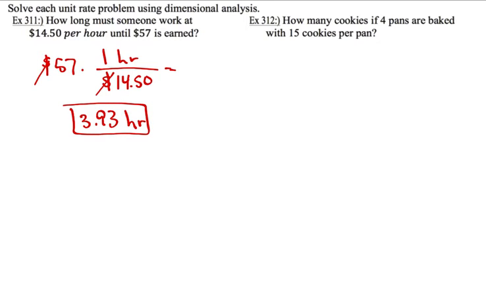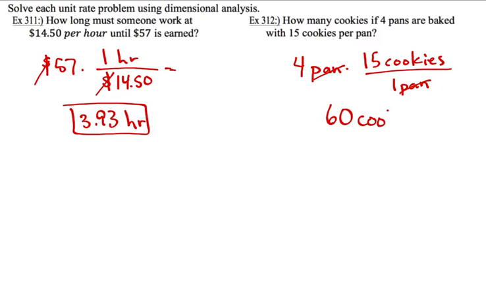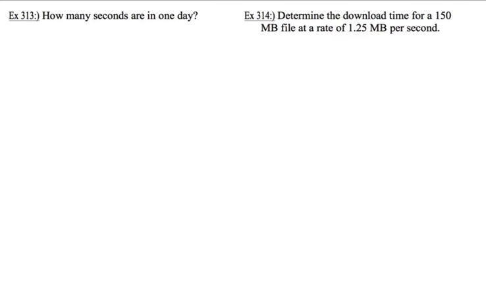How many cookies if 4 pans are baked with 15 cookies per pan? So 4 pans times 15 cookies per pan. Well, the pans reduce, and 4 times 15 is 60. This would be 60 cookies. How many seconds are in a day? Well, we start with what we know.